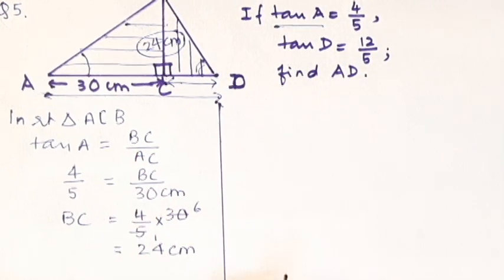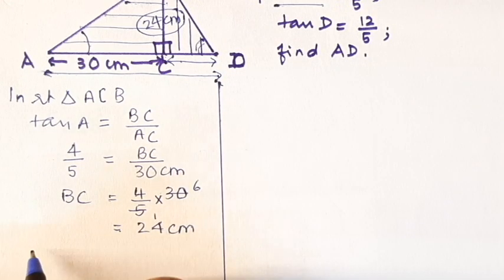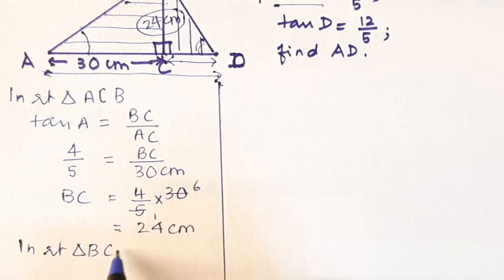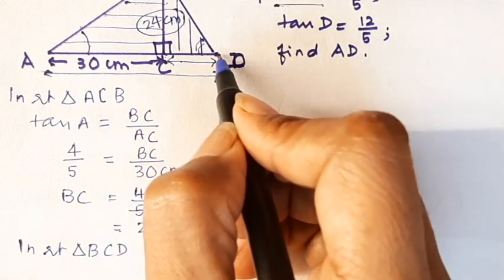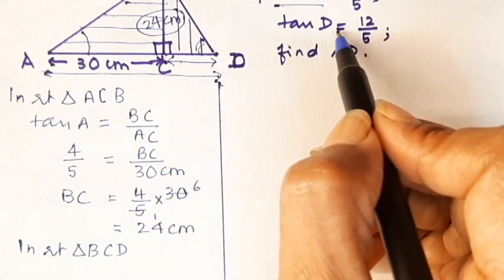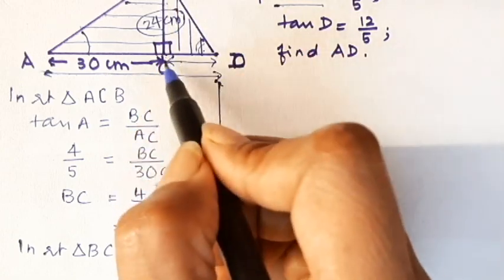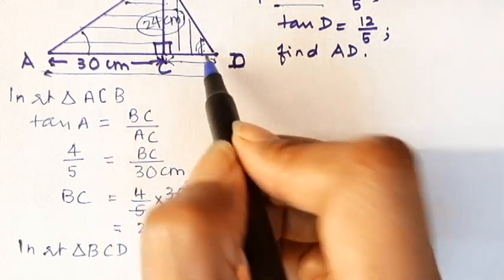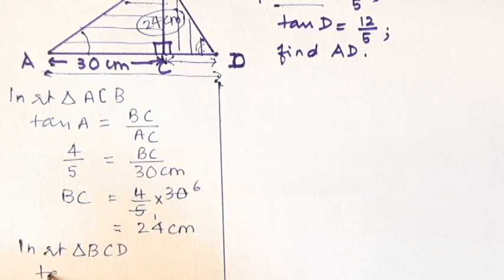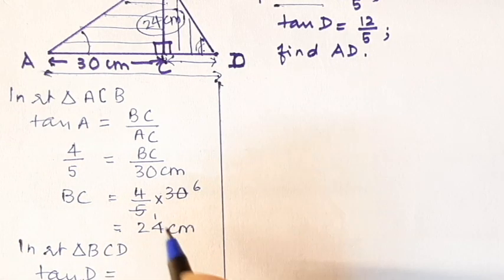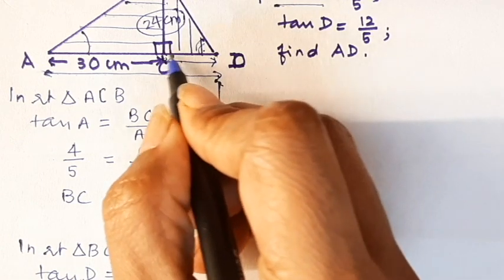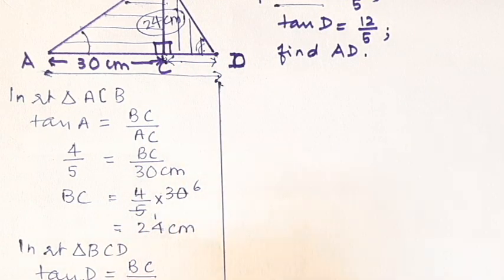And so now we are going to go to the next triangle and we'll say in right triangle BCD, and we've been given tan D. Tan D means BC upon CD, opposite upon adjacent. And so we will write tan D is equal to, opposite is BC and adjacent is CD.